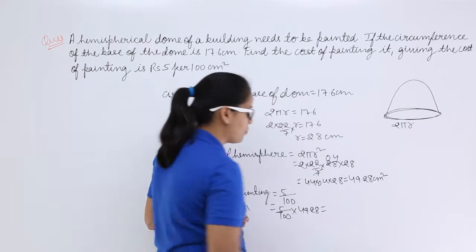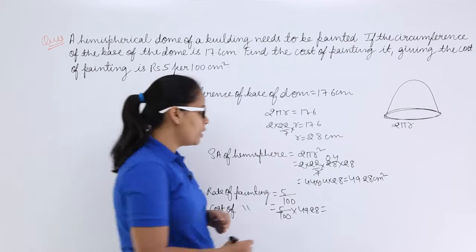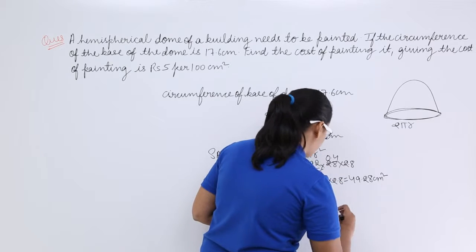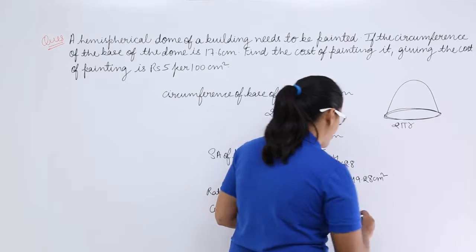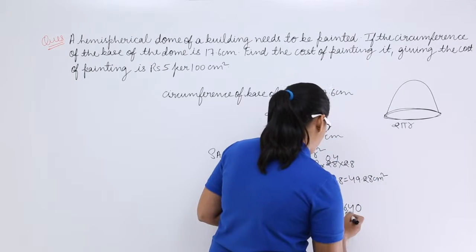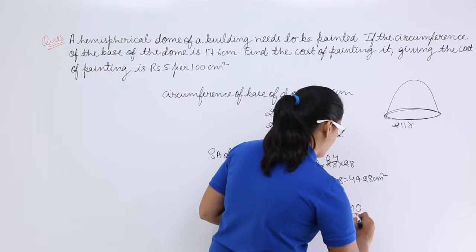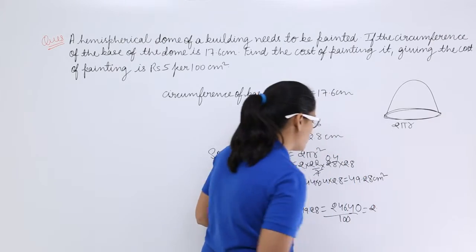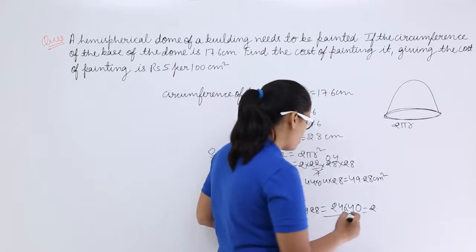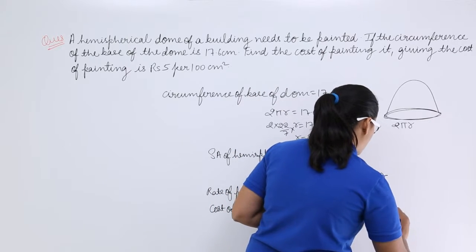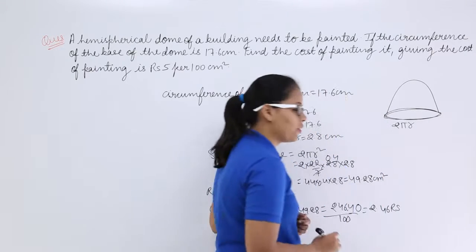So when you evaluate this, you will get 24640 divided by 100. Now when you solve this, you will get 2.46 rupees.